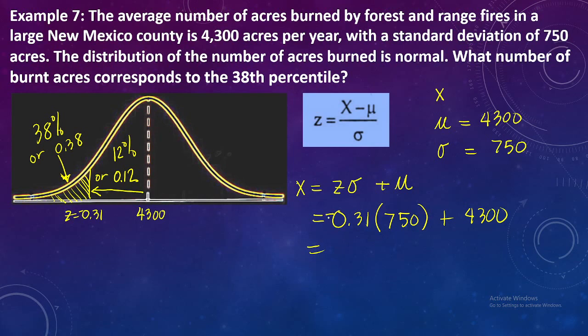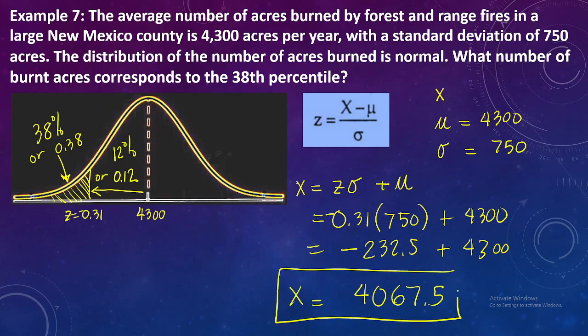Negative 0.31 multiplied by 750, the result is negative 232.5, plus 4,300 will give us 4,067.5. And this will be the answer to our problem.